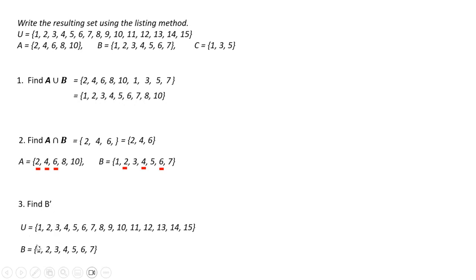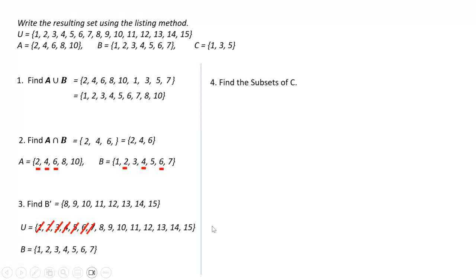So for the answer, it's going to be not 1, not 2, not 3, not 4, not 5, not 6, not 7. This is not B. So what's left? The answer will be 8 through 15. The elements 8 through 15 is the solution. That's how we use the complement of a set.